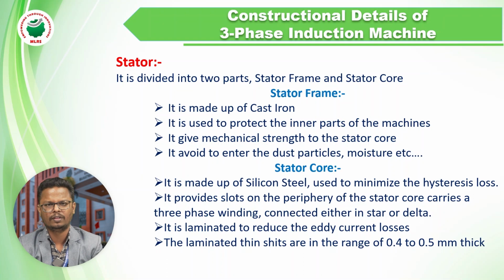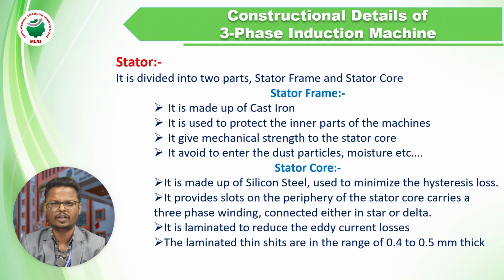If dust particles or air enter the air gap between the rotor and the stator, where we have flux, it will be disturbed. To avoid that, we should not let air or dust particles enter the machine. That function is done by the stator frame.